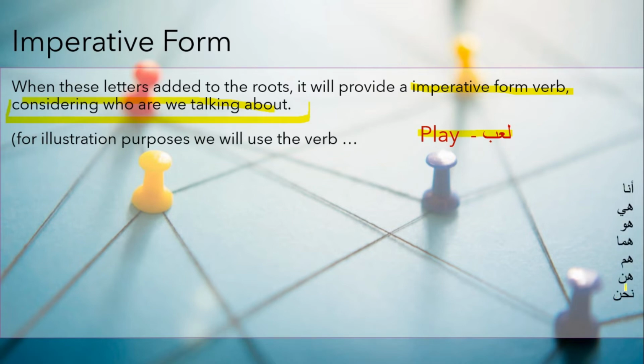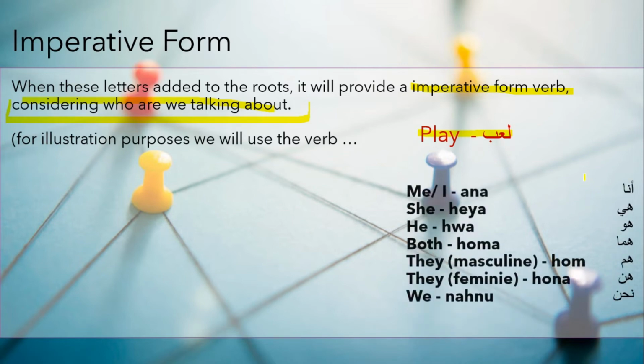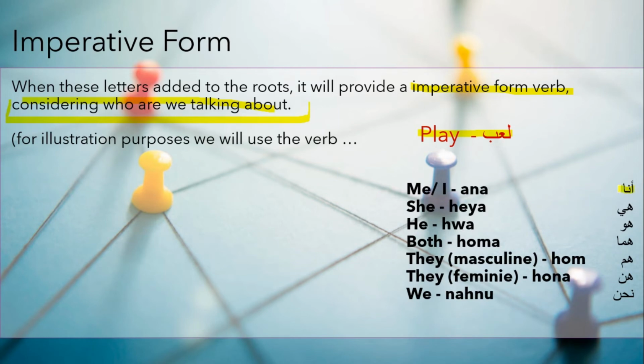So again: أنا, me; هي, she; هو, he; هما, both; هم, they; هن, they in the feminine form; نحن for we or us.